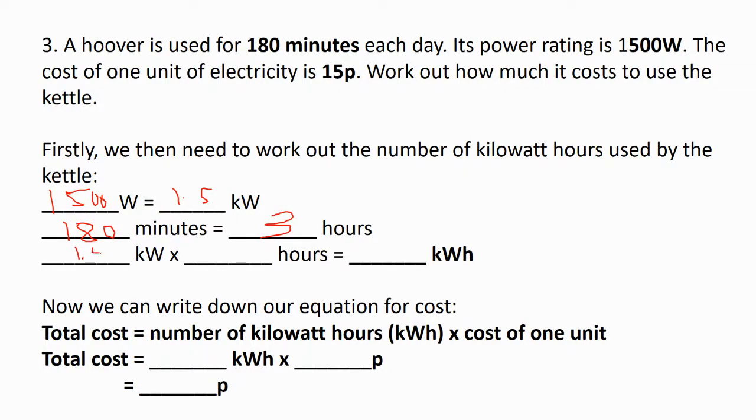So 1.5 times 3 is 4.5, which means the total cost is going to be 4.5 times by 15, which is 67.5p. Super easy if you take the time to write out all these steps, and this would easily be worth, like I said, 3, 4, 5 marks in an exam.